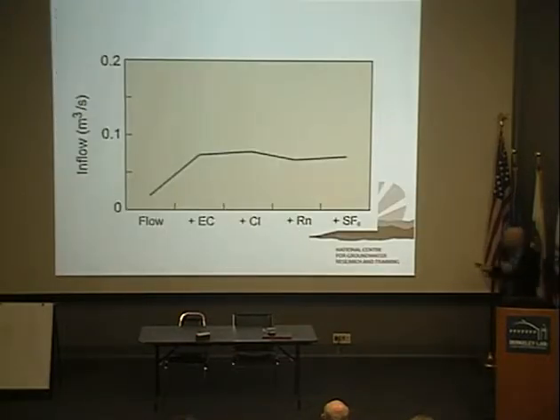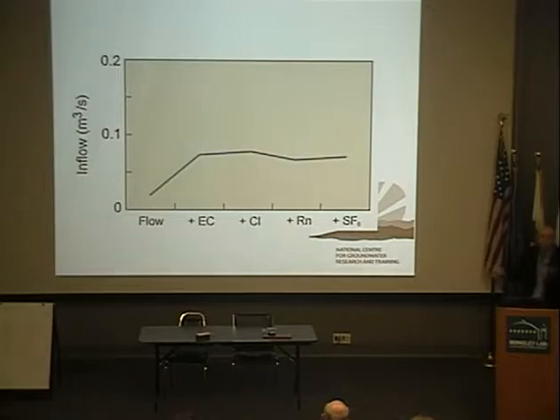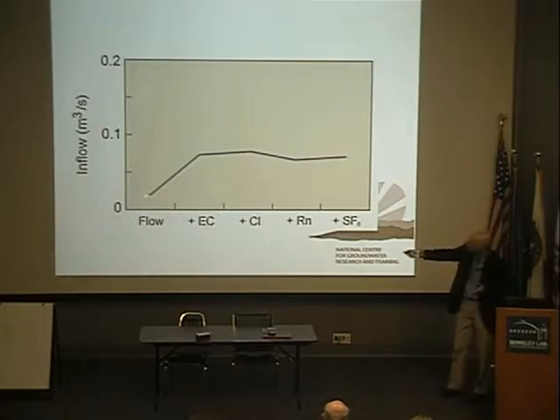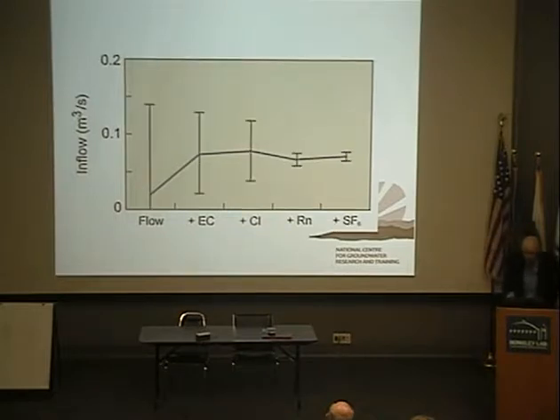What we've then looked at is what the total inflow is over that whole section of stream that we looked at. And these are the results. If we just did flow, we have some inflow rates and some outflow rates. Over the whole distance, we get an inflow rate of about 0.02 cubic metres per second. When we added the EC data, we got this value, and so we got some changes in what the value of inflow rate is.